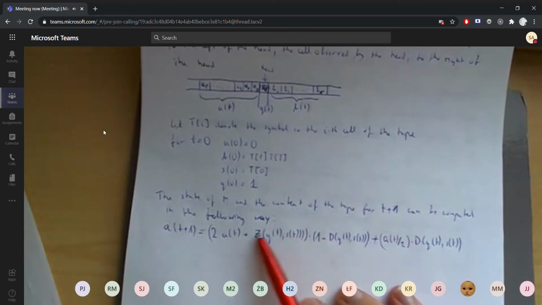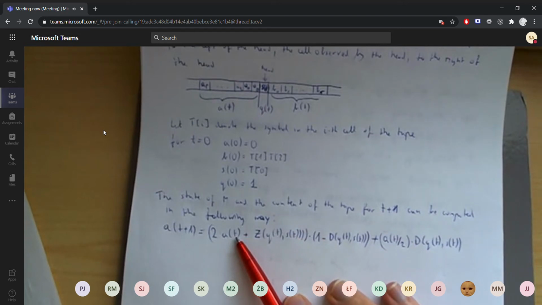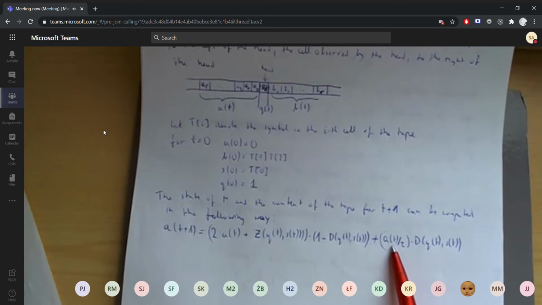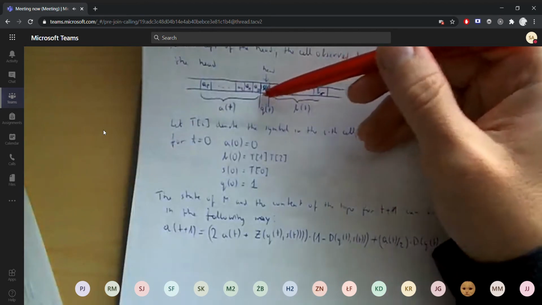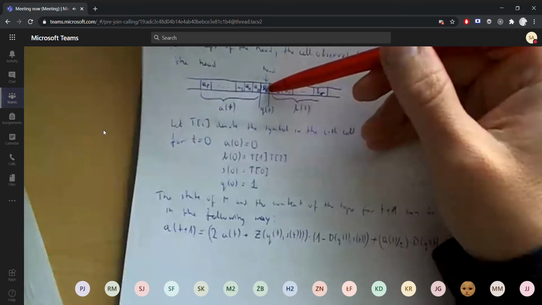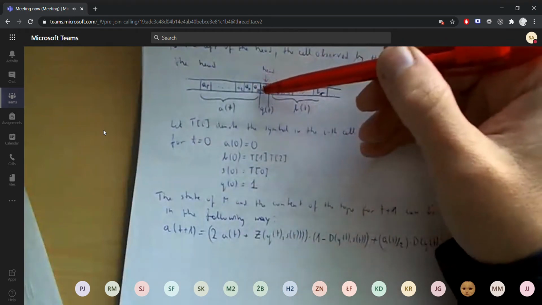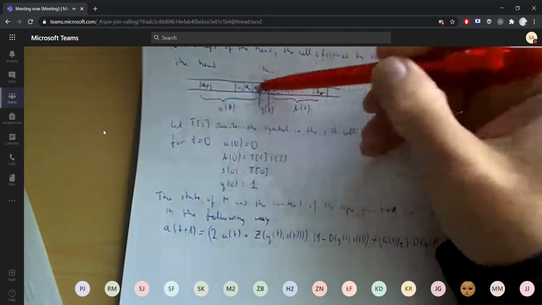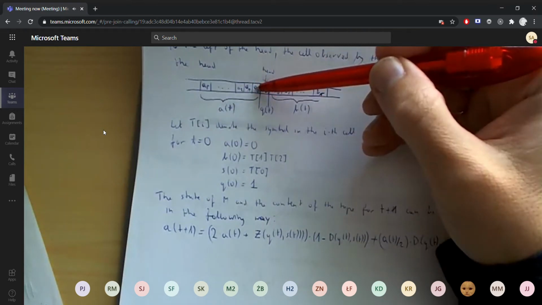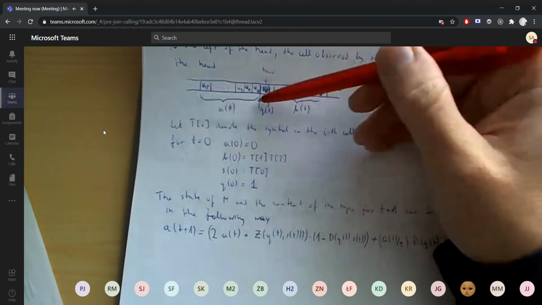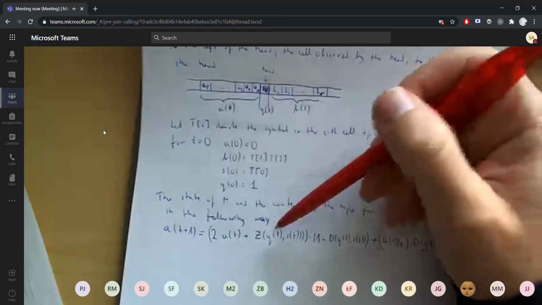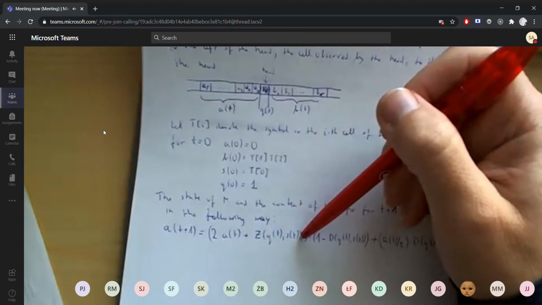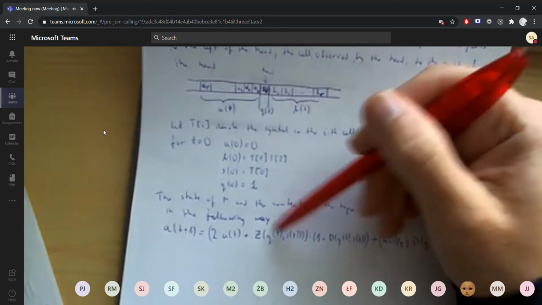So this is A of t plus 1 if the head moves to the right, and this is A of t plus 1 if the head moves to the left. If the head moves to the right, we have to append S of t to this string. So we multiply this string by 2. We move it one left, and then we add the content of the tape, which is S prime, the value of this function.